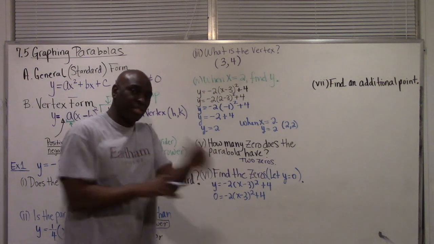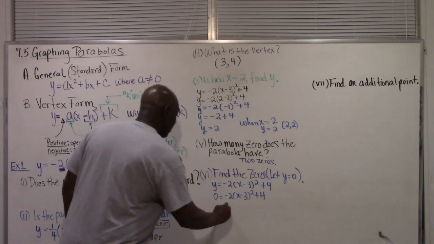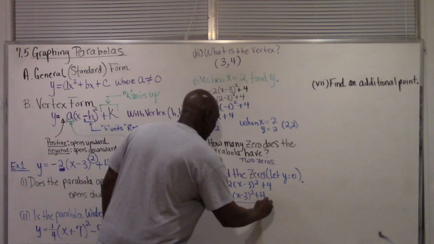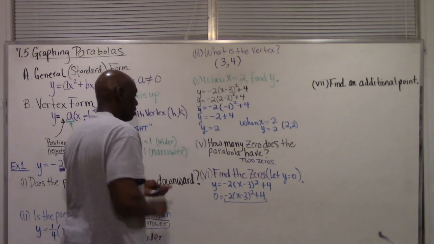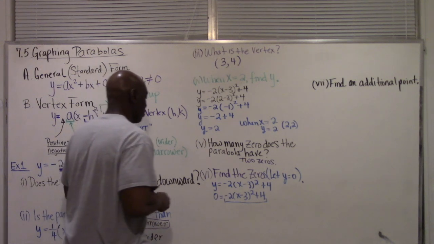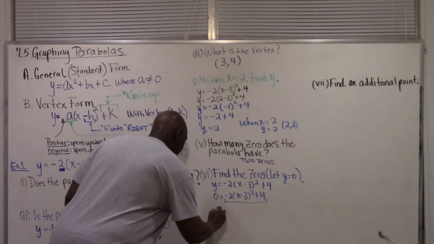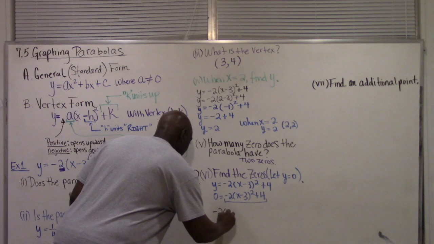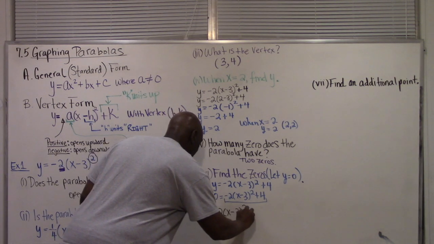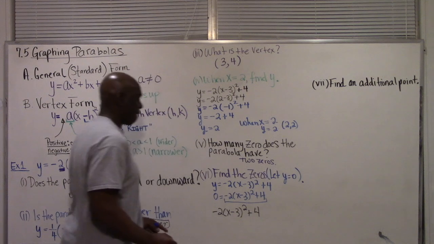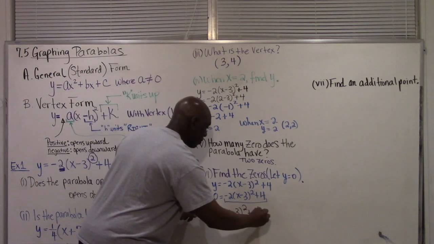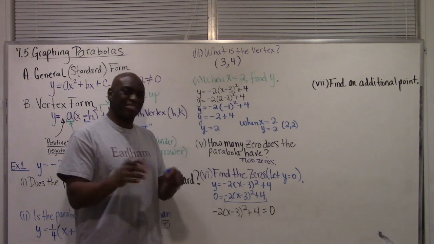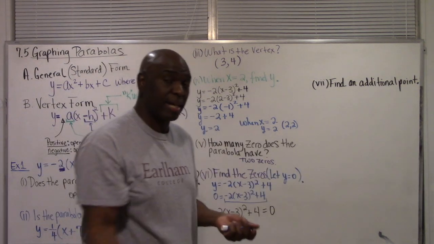And then rearrange it. I'm going to write this part first, like this: negative 2 times (x minus 3) squared plus 4. Now write equals 0, in some kind of standard form with 0 on the right side.